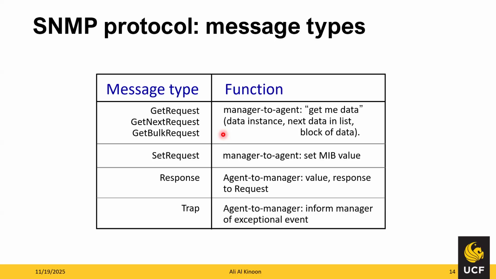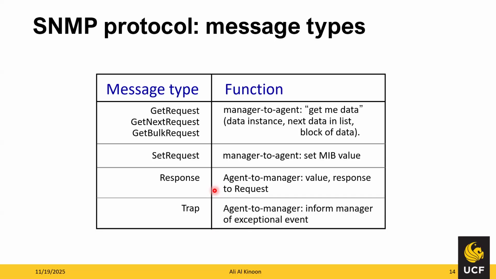Then we move to set request, which is also sent from the manager, and is used when the manager needs to change a configuration value or update a MIB variable. Response is a message that travels in the opposite direction, sent back from the agent to the server.